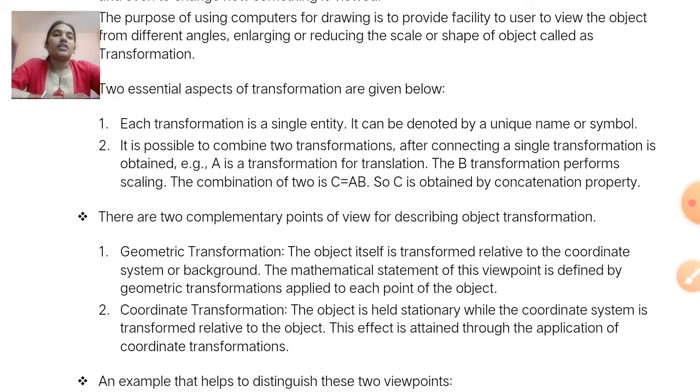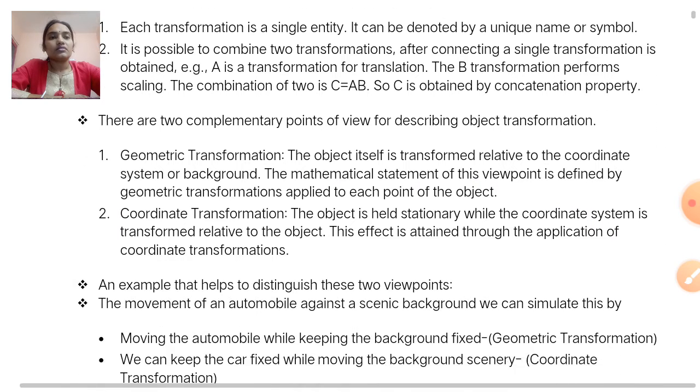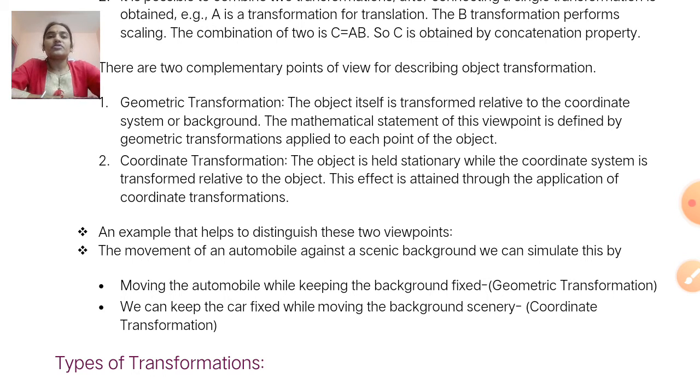Now there are two complementary points of view for describing the object transformation: one is geometric transformation, another is coordinate transformation. First, geometric transformation: the object itself is transformed relative to the coordinate system or background. The mathematical statement of this viewpoint is defined by a geometric transformation applied to each point of the object.